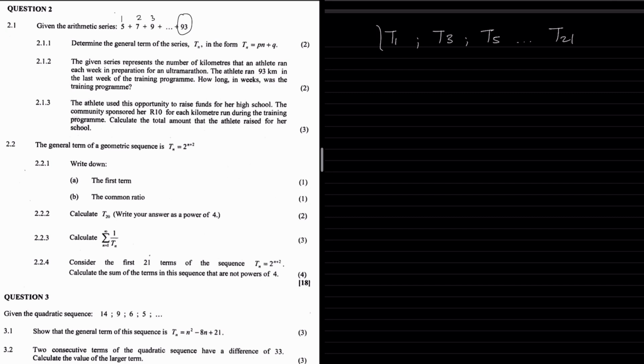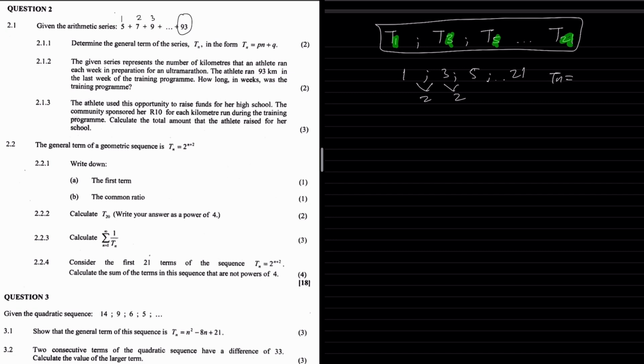Now, how many terms are there going to be here? What we can do is work out the number of terms if we just focus on these numbers: 1, 3, 5, 21. You can see here the difference is 2.